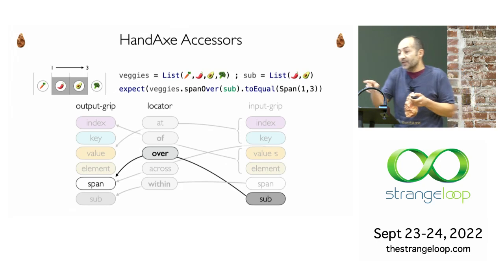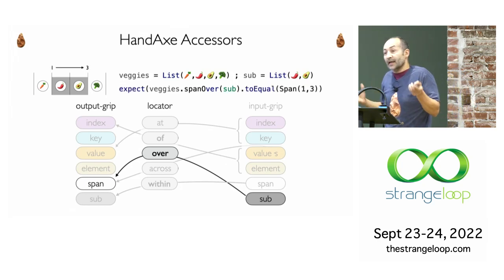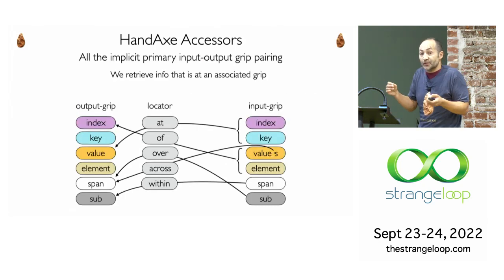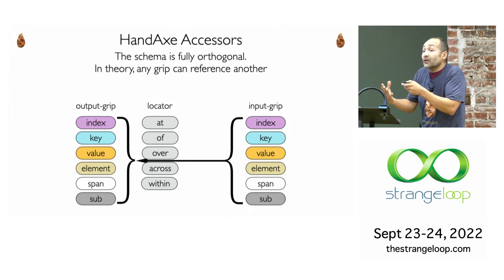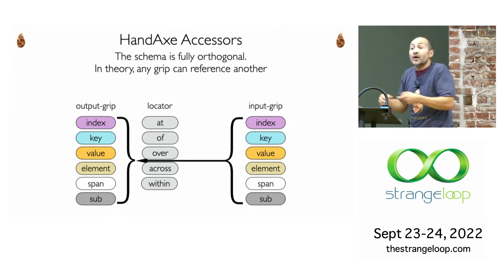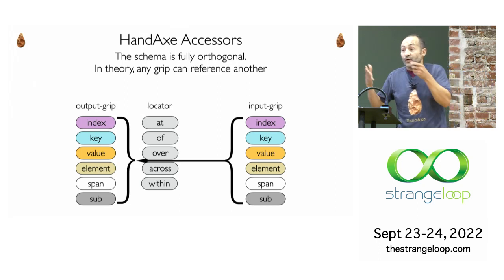So we see that, and you can see on the left how the span and sub are related. Okay, so these are the primary relationships. But in theory, you should be able to go from any grip to another. I'm not saying that you should do it, but in theory, it should work. It's an orthogonal approach towards gripping.